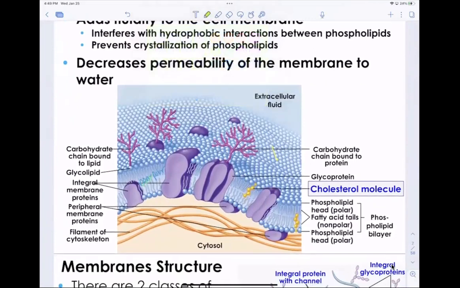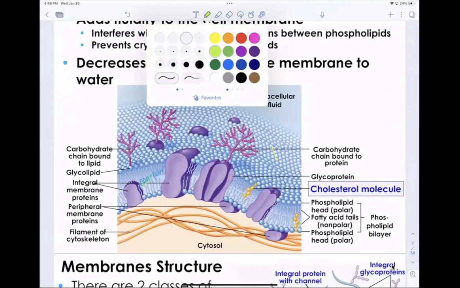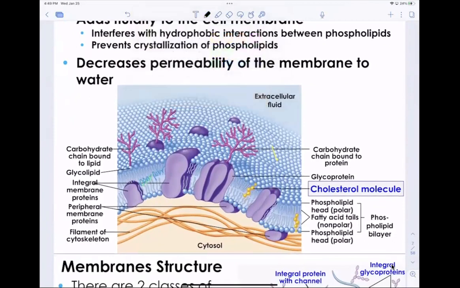An example I talked about, you eat a Jamba Juice. This is going to increase the concentration of glucose in your blood and in your extracellular fluid, because if it's high in your blood and low in your extracellular fluid, it's traveling into the extracellular fluid. That's going to cause insulin to be released. And this insulin molecule is going to bind to a receptor on the outside of the membrane.